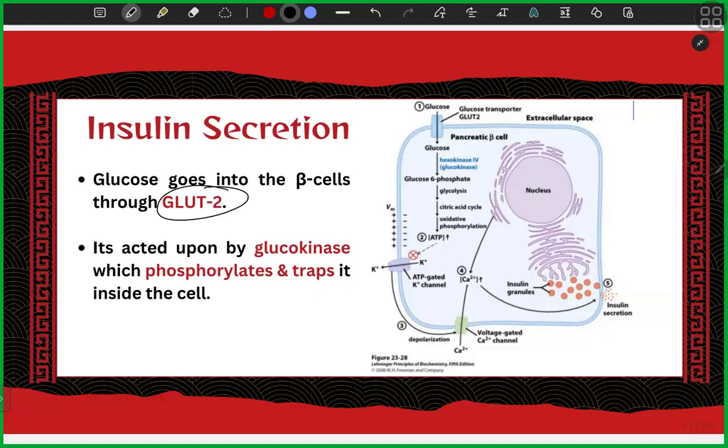As it goes in, it is catalyzed by the enzyme hexokinase 4, or glucokinase. When it's catalyzed by glucokinase, it's phosphorylated and trapped inside the cell. So now it cannot go out anymore because it's phosphorylated into G6P, or glucose 6 phosphate.